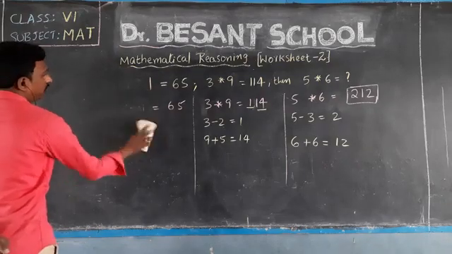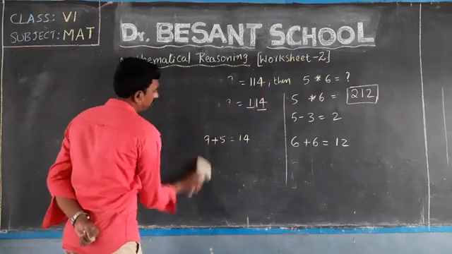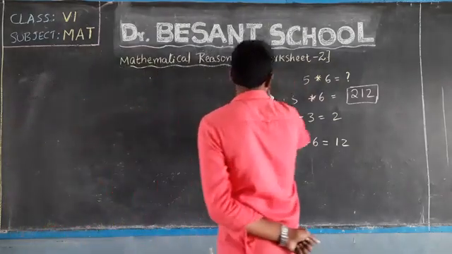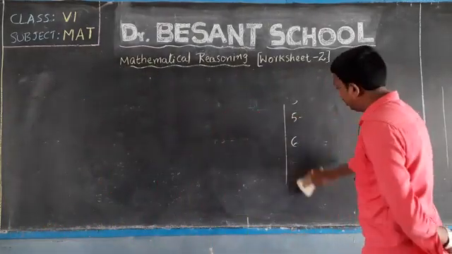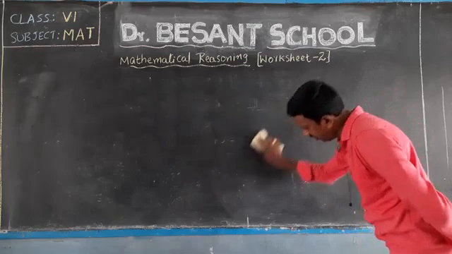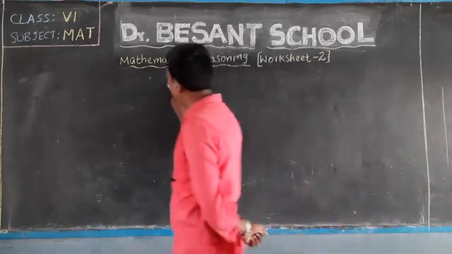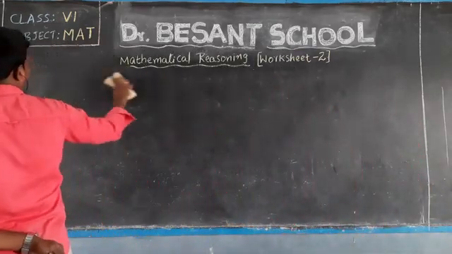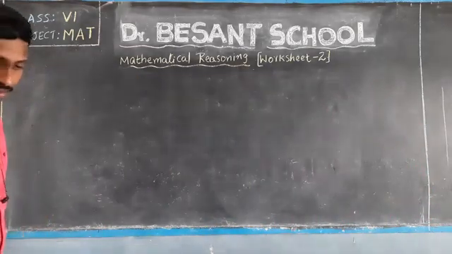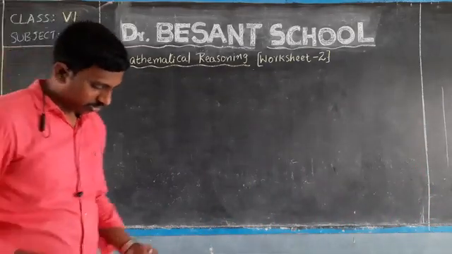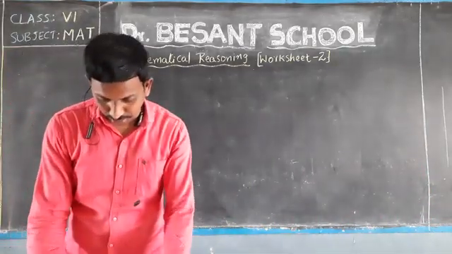This is the first one, and here still one more problem is left. It is somewhat different again. It also has some different logic here. So every problem is based on different logic. So what is given? Question number 11.